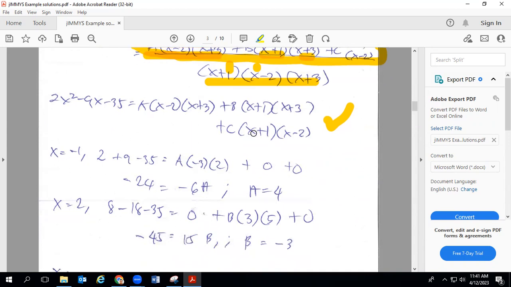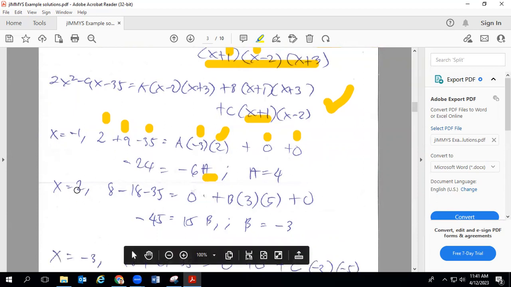If we have x minus 1, this one, of course, will become 0. So we can have values here. When x is 1, this is 2, this is positive 9, and then of course you have negative 35. Here, 1 minus 2 is negative 3, 1 plus 3 is positive 2. Here it becomes 0, and then 0. Here you can compute the value of A.